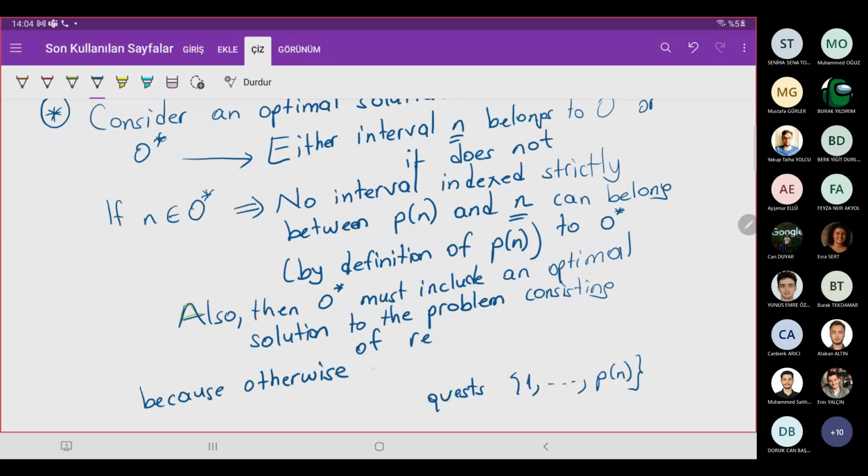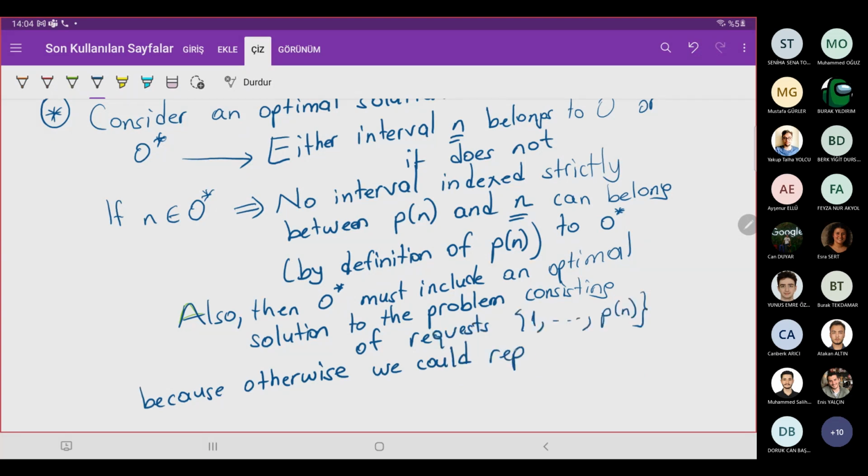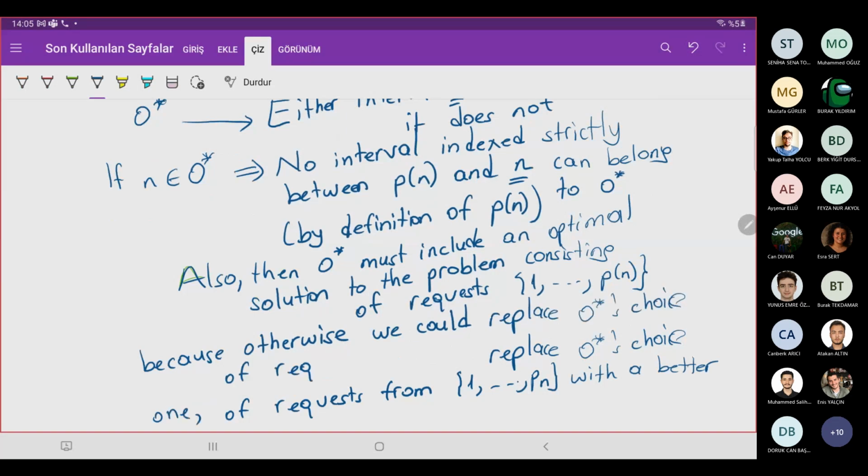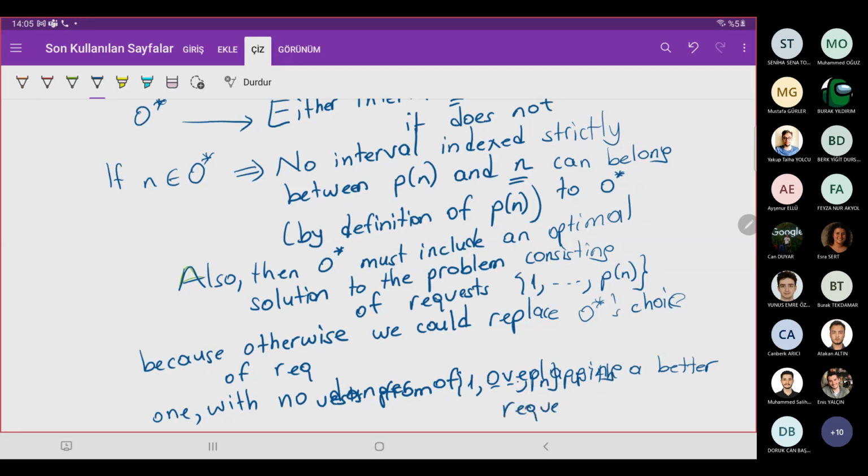we could replace the optimum solution's choice of requests from here with a better one, with no danger of overlapping request n.